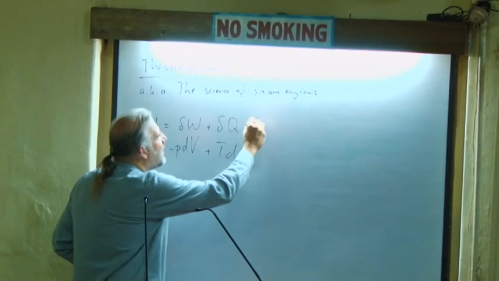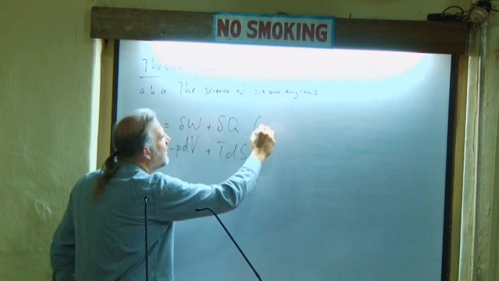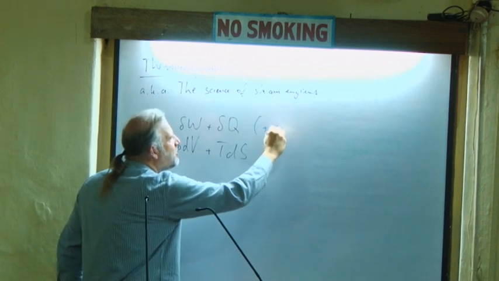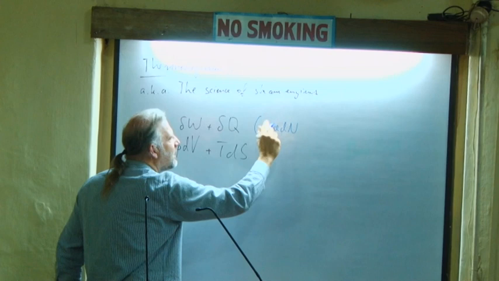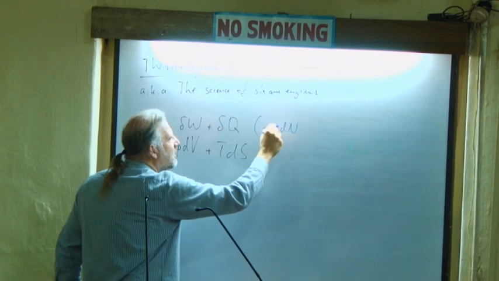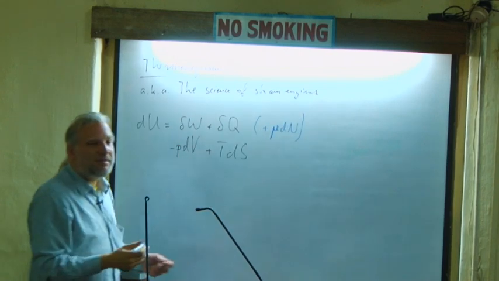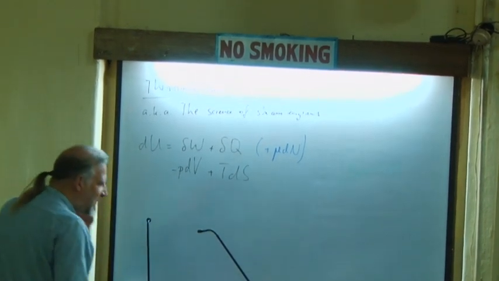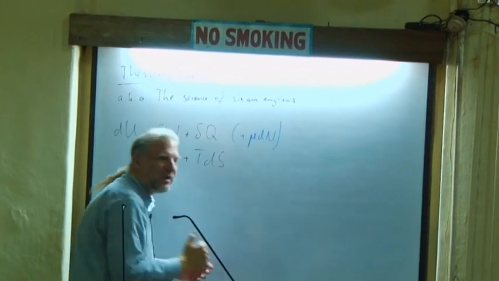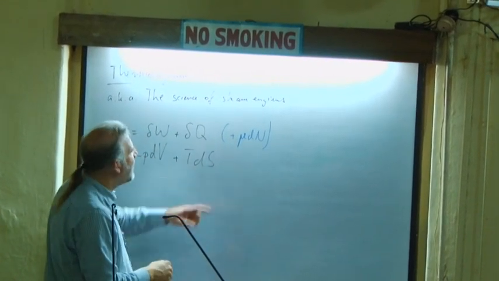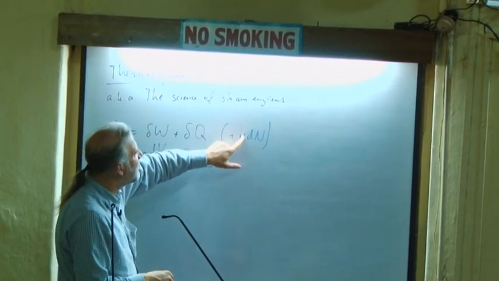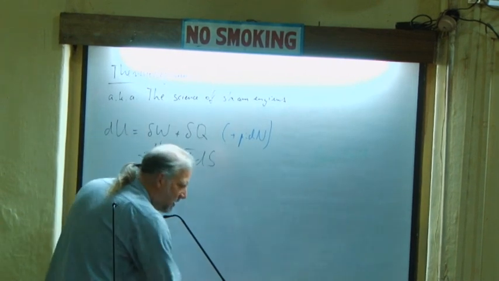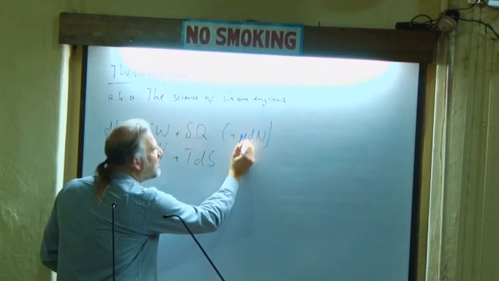And so there should be a third term here, which I will write directly as mu dN. So dN means that you change the number of moles or the number of molecules that are in the vessel. You pump in or you extract some gas, and the energy that you have to pay per particle is called mu, which is called the chemical potential. Okay?